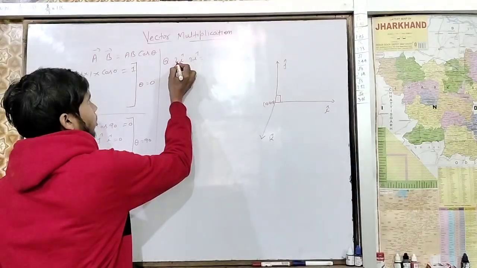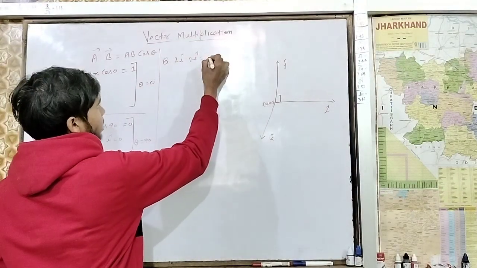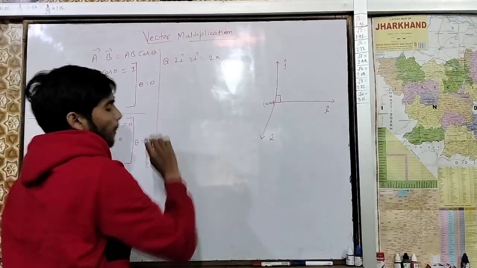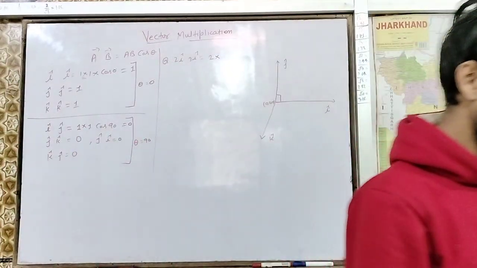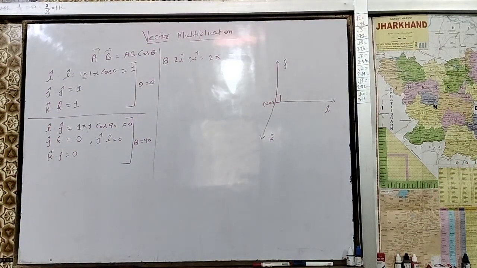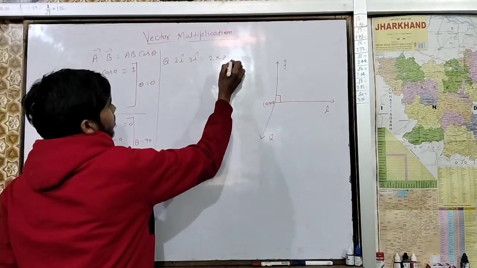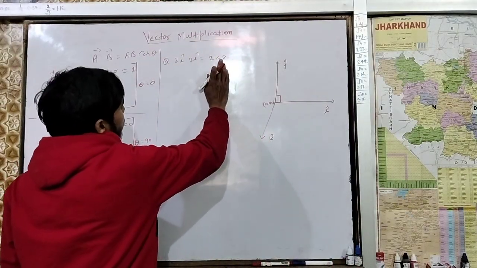As you know, the magnitude of this vector is 2, multiplied by the magnitude of the other vector, which is also 2.